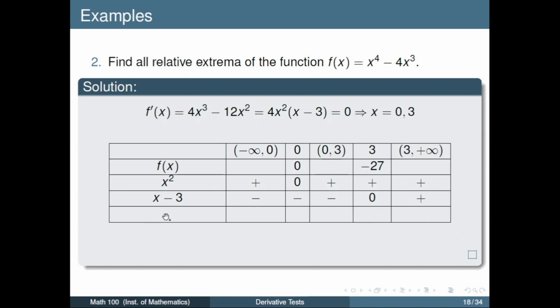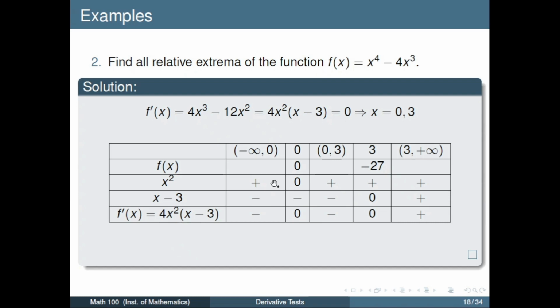And for x minus 3, so linear naman to, we get the 0 at 3, and then everything to the left is negative, and everything to the right is positive. As illustrated in this row. Now that we have the sign of the factors, we get the sign of f prime itself. 4 is positive. Okay? So just take the sign of this one.